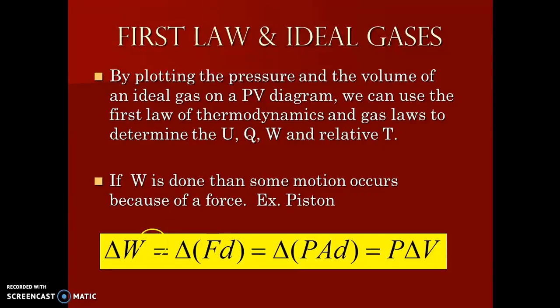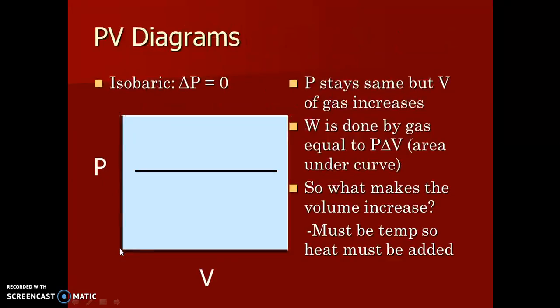So if I sub in pressure times area for force, then the work is pressure times area times the distance. This would be area times the distance that a piston might be moving. Again, I'll show you some images in a minute; it might make a little more sense. But you then have pressure times the change in volume equal to work.